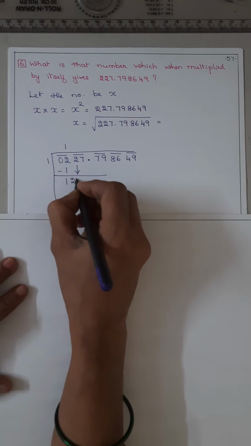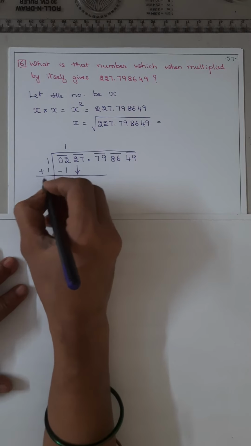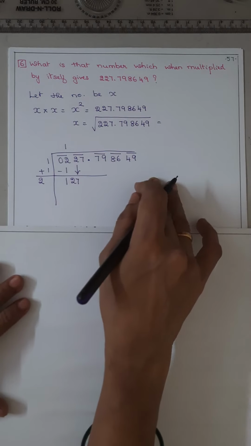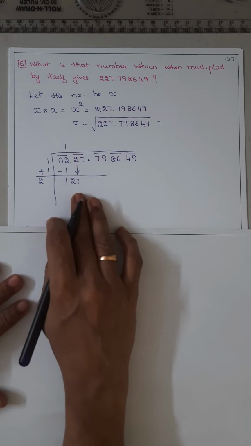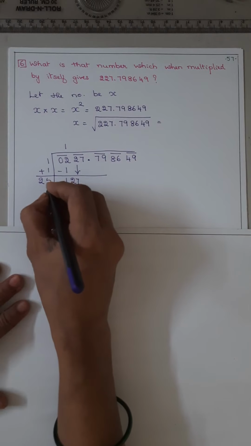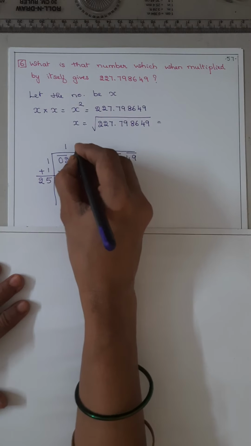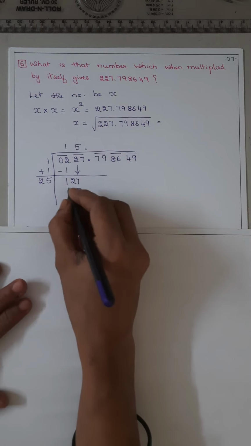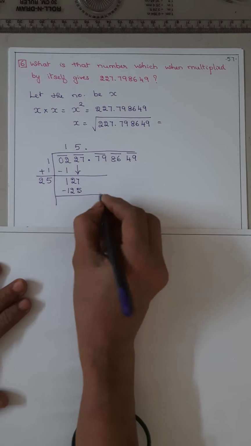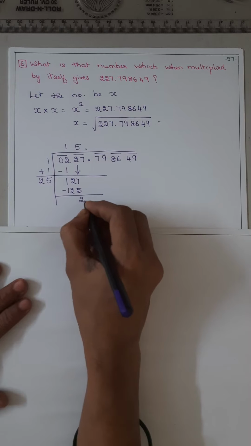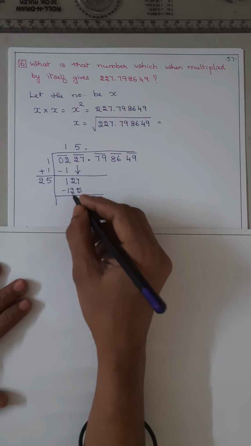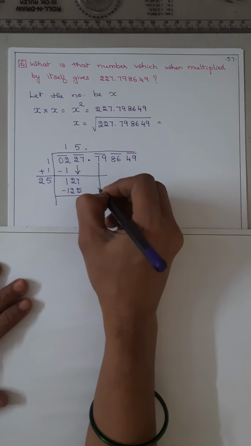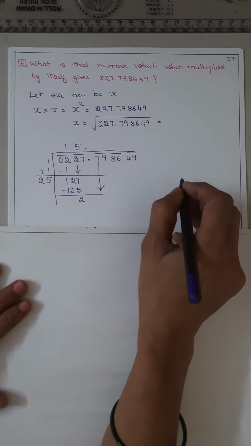Bring 27 down. Add 1. It is 2. 2, how much are 12? 2 6s are, but it will be big, so 5. 5 5s are 25, 5 2s are 10, 12. When you subtract, you got 2. 2 minus 2, 0, and 1 minus 1 is 0.